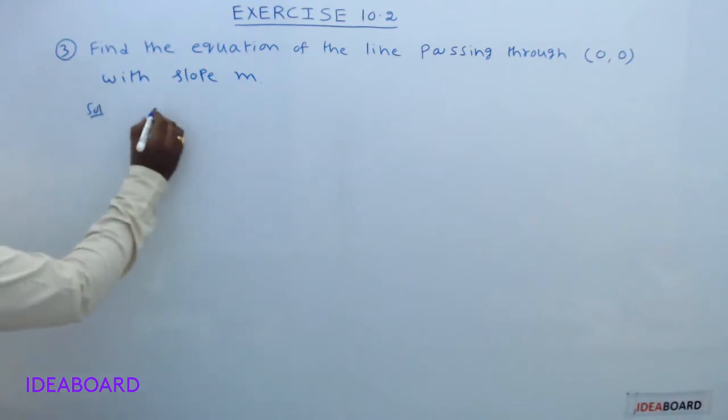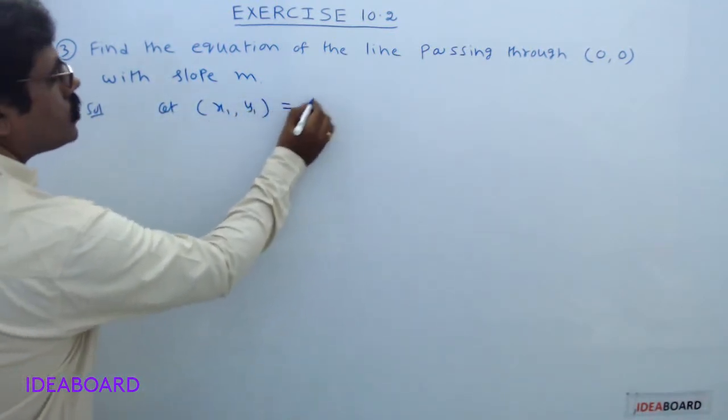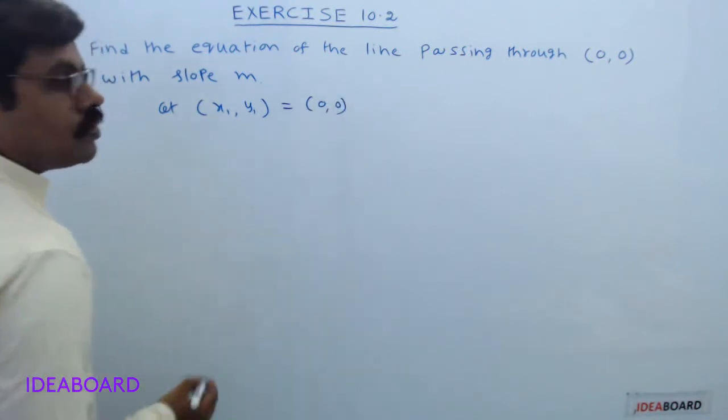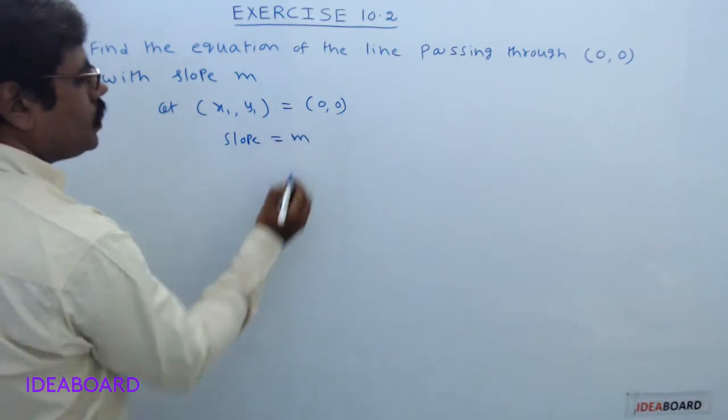First denote the given point coordinates with x1, y1. So x1, y1 equals to 0, 0. Slope of the line is m.